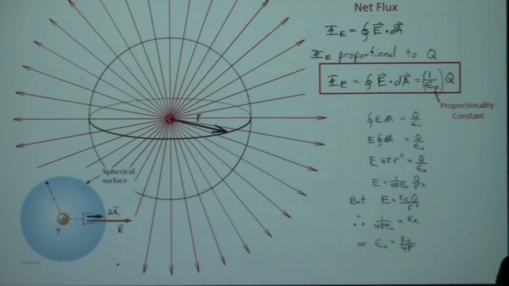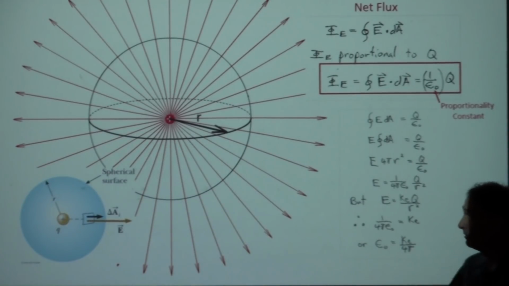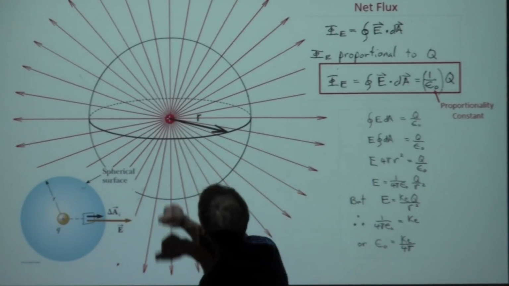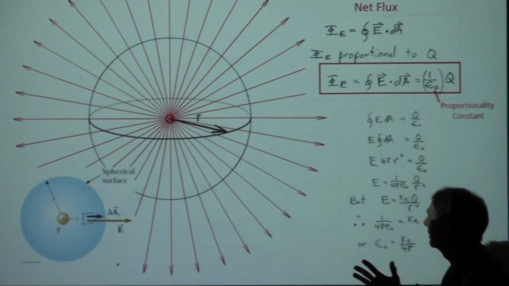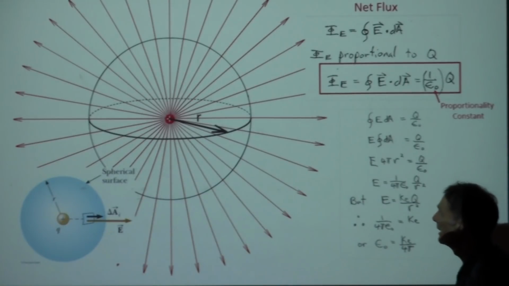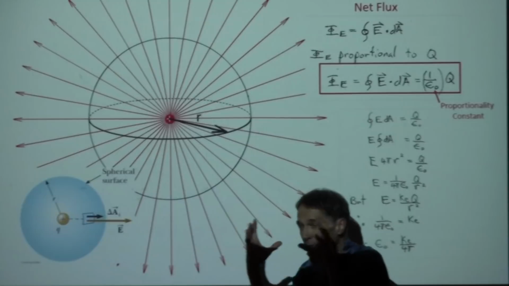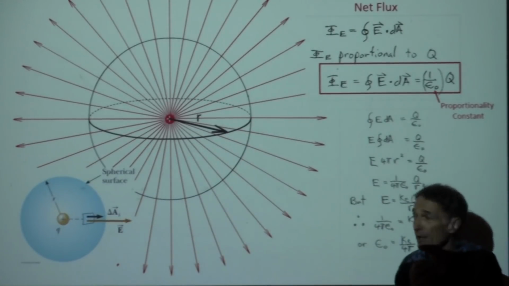Again, this stuff is very visual if you can get a feel for it. Let's go back to a real simple example. Let's say we place a single ordinary charge here and put it at the center of a sphere. Now, this is just a mathematical shape, a Gaussian sphere.